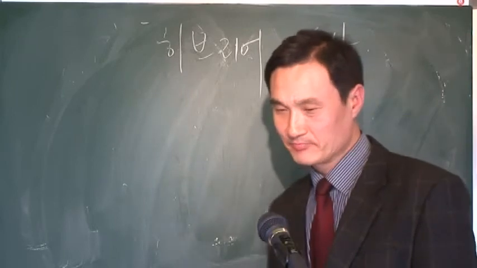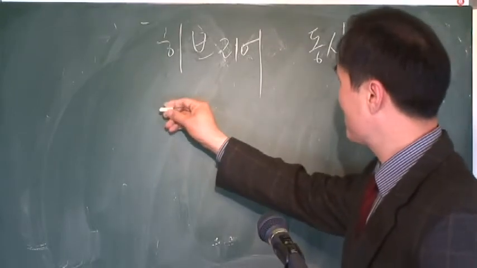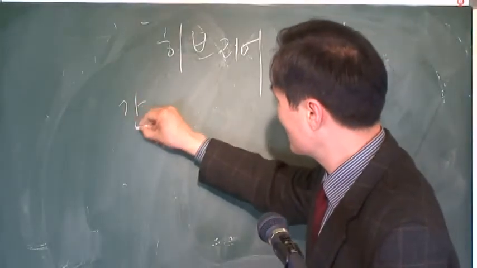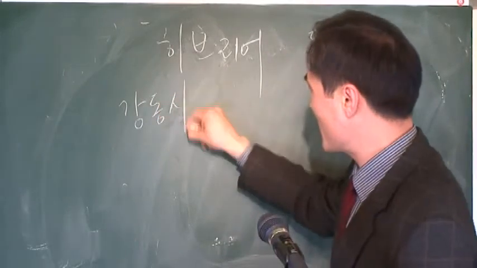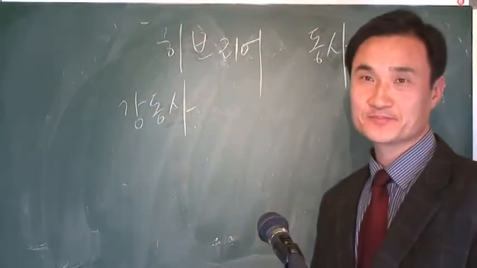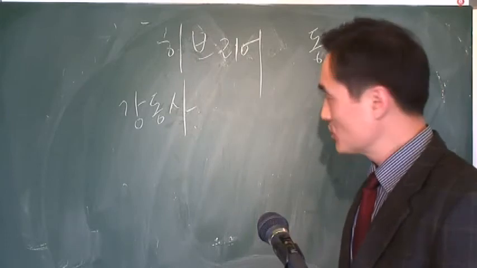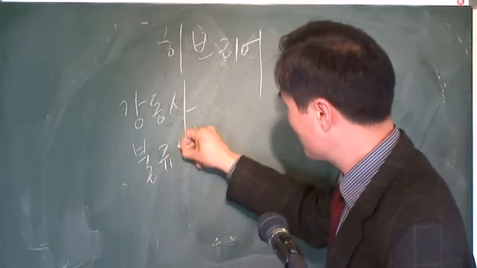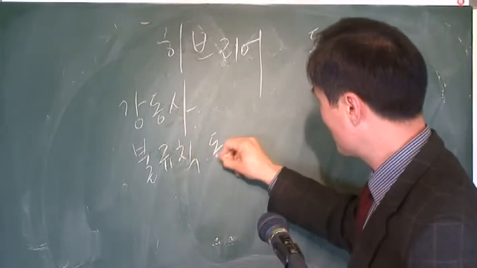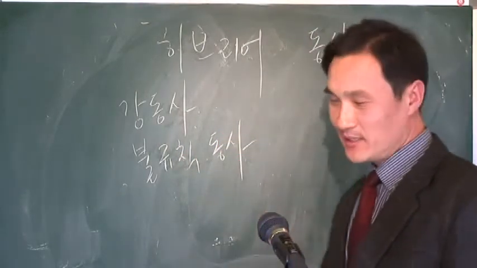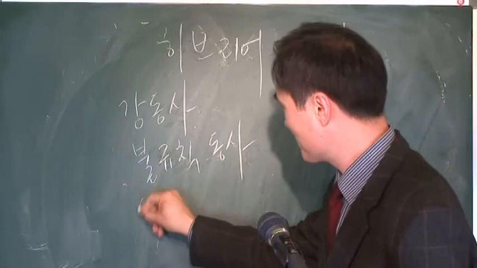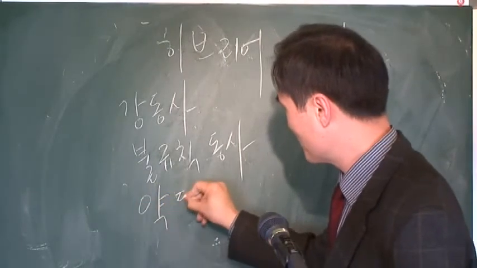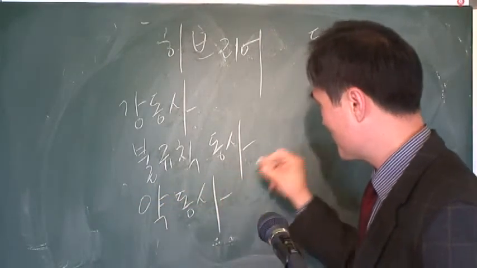Hebrew verbs can be separated into 3 groups. First, strong verbs. Second, irregular verbs. Third, weak verbs.